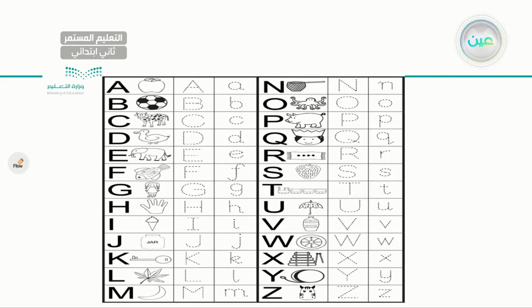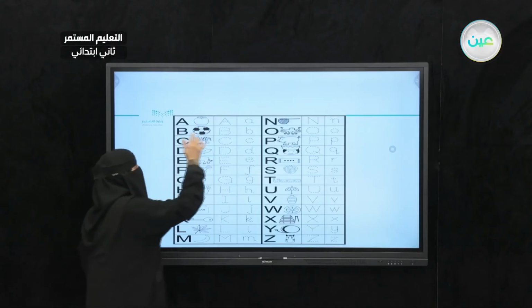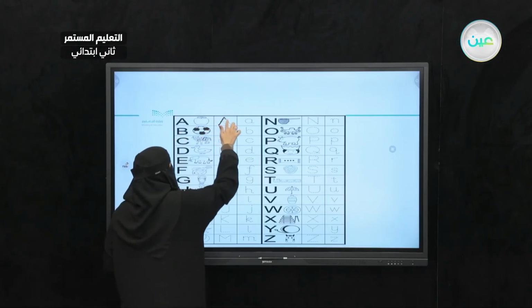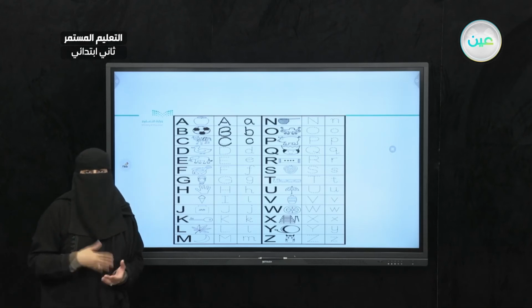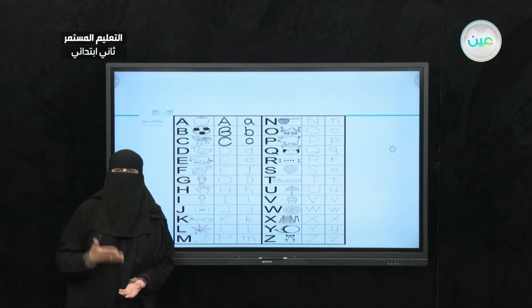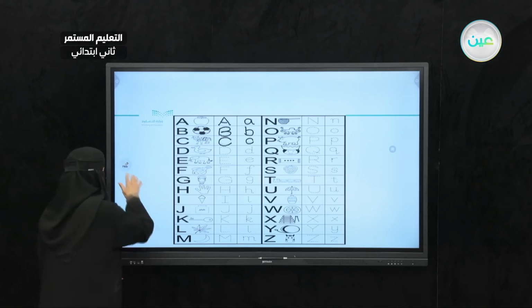Remember to stay between these specific lines for the capital A and for the small a. Same for the next one, capital B, small b, capital C, small c. It's very important to follow the specific lines. That way you will learn how to write your words and your sentences correctly.